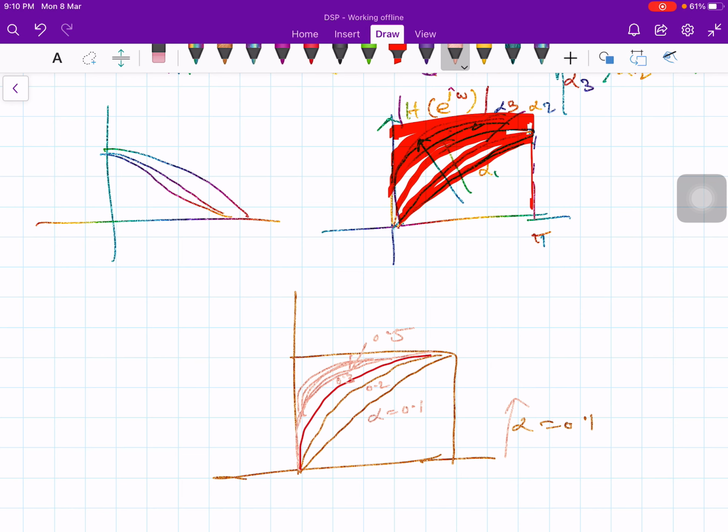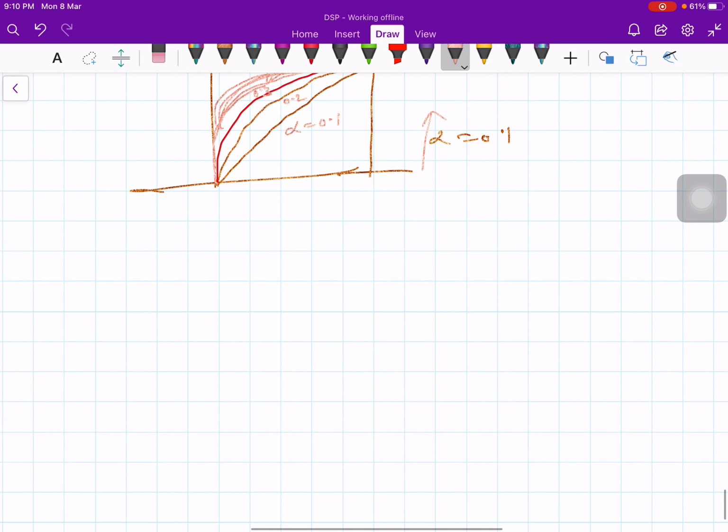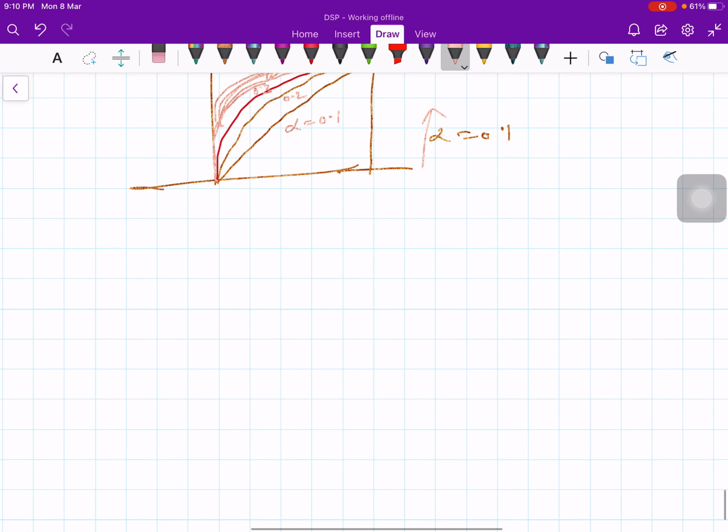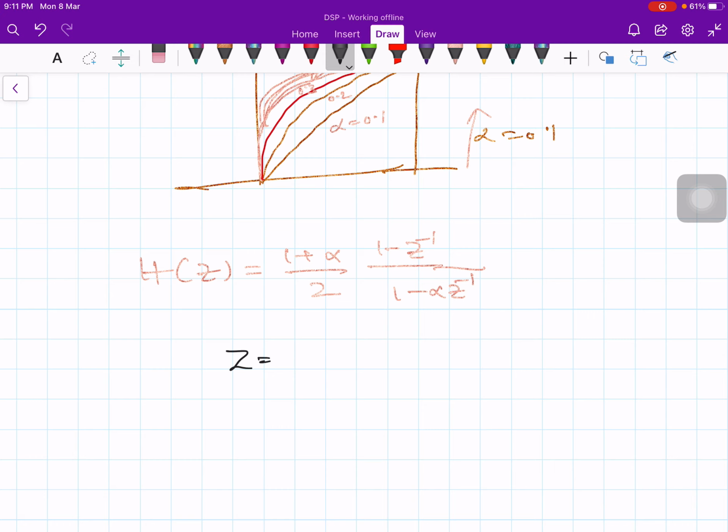Once again you can put in this expression z equal to e to the j omega, and you can find out the magnitude response and find out the cutoff frequency. It is a simple straightforward exercise. H(z) equals (1 plus alpha)/2 times (1 minus z inverse) divided by (1 minus alpha z inverse). Then substitute z equal to e to the j omega.